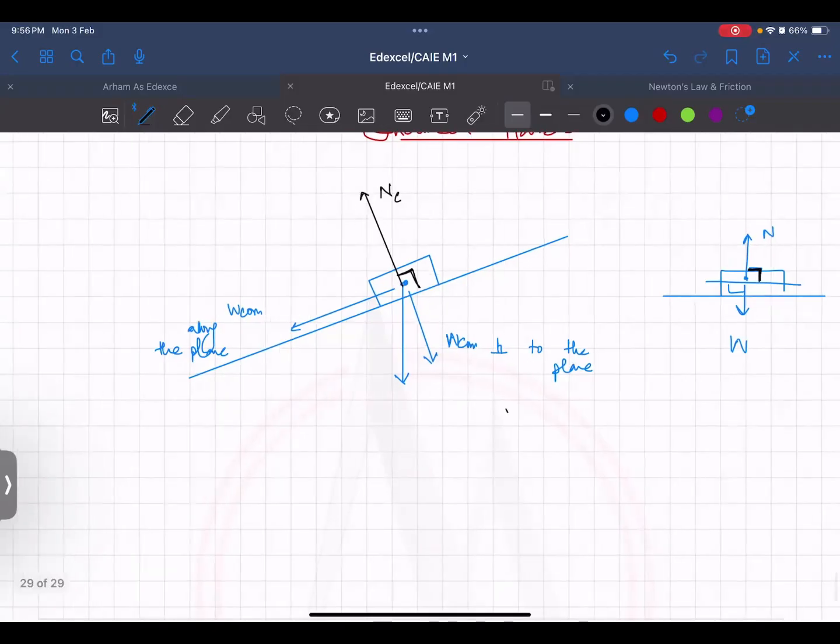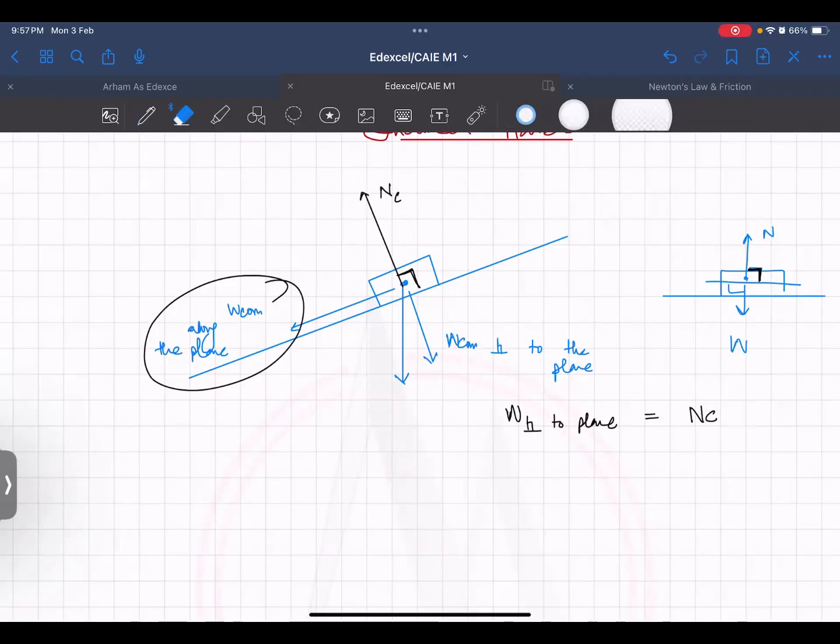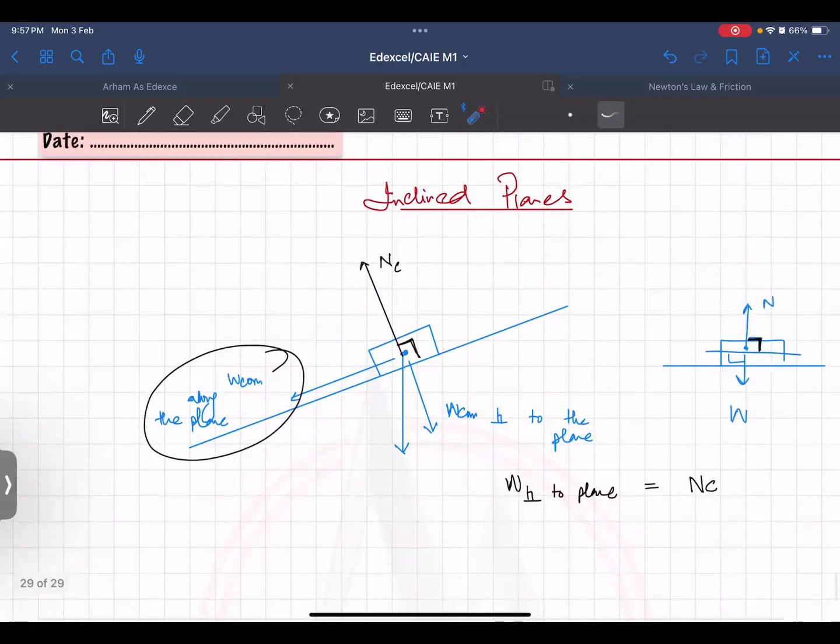So this weight component perpendicular to the plane is being cancelled out by the normal contact force. And if the other component is not being cancelled out by anything else, then definitely there is a resultant force in this direction. And whenever there is a resultant force, the object has acceleration and it will start to move down. Isn't it? Do you get it or not?